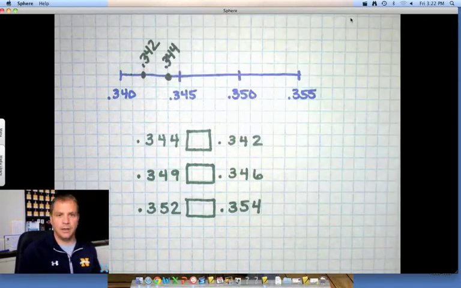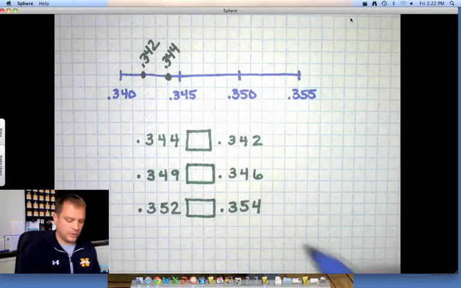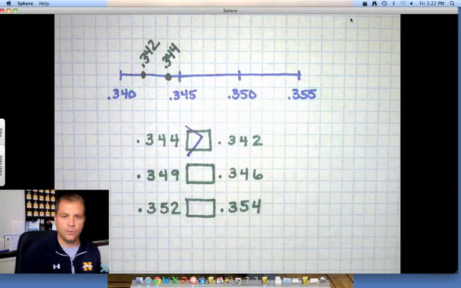When I visually see it on a number line, I know then that 342 thousandths is smaller than 344 thousandths. You can also think of this as pretending the decimal point is not there. 344 is greater than 342.